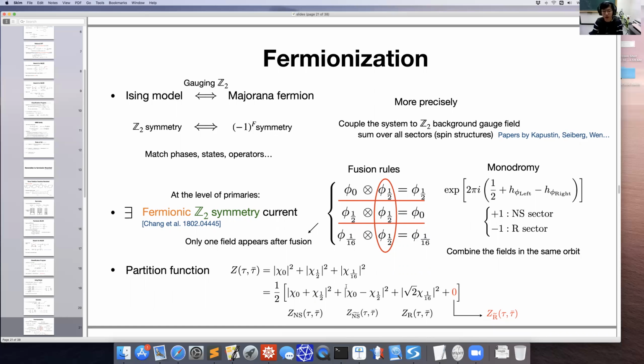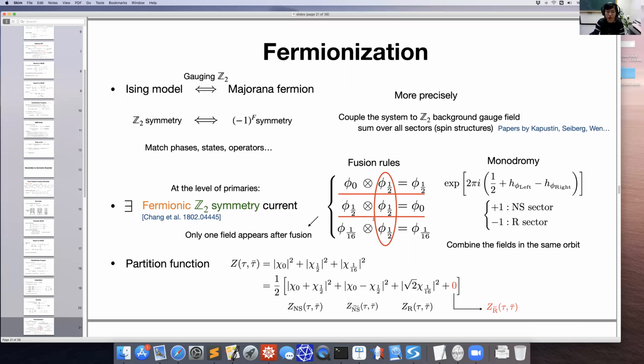Although I'm considering only these three sectors, we can get information for the R tilde sector, which is just zero. You can prove this rigorously due to the presence of a zero mode. In some sense, we are just writing this partition function in a more complicated, non-diagonal form.